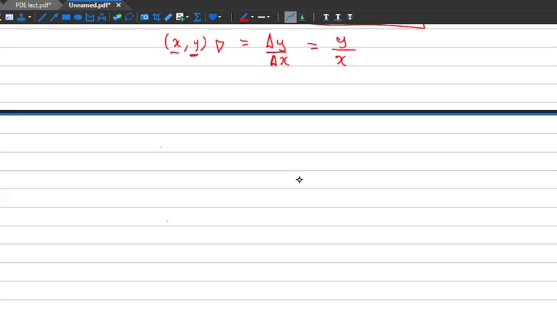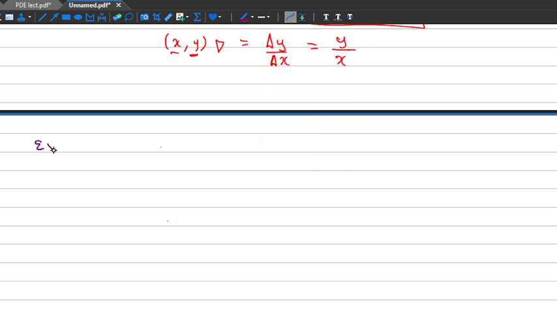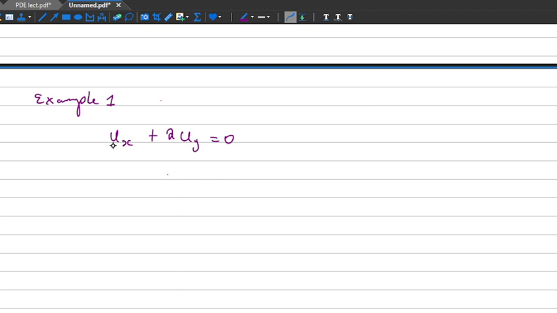So let's try that on this example. Example 1: ux plus 2uy equal to 0. This is homogeneous. We just get the components. Here there is 1, here there is 2.